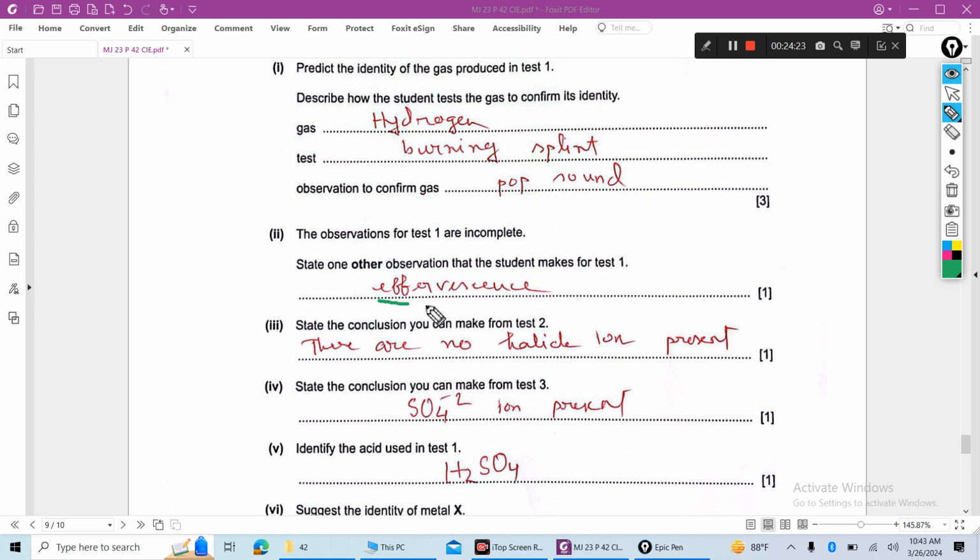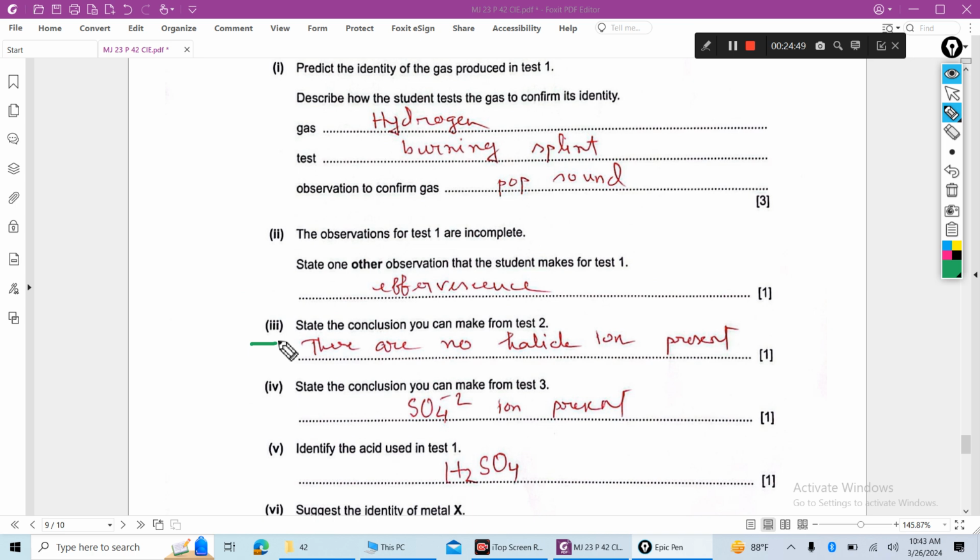When any gas is produced in a liquid, you get effervescence, or you can write bubbles or fizzing. Any word you can write: fizzing, bubbles, effervescence.